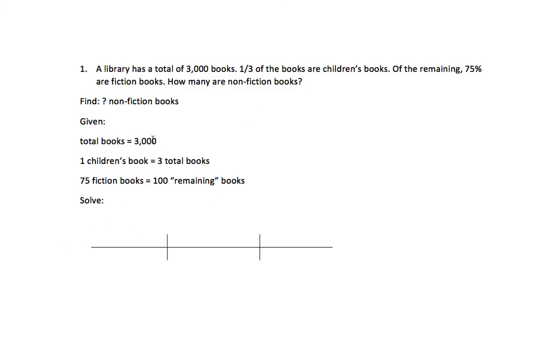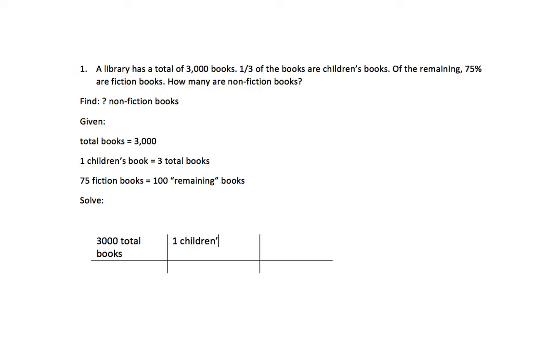If you want to look at what's going on here, we can say, if there's 1 children's book for every 3 total books, then out of the 3,000 total books, we have 1 children's book for every 3 total books.